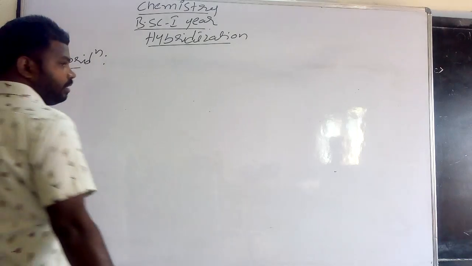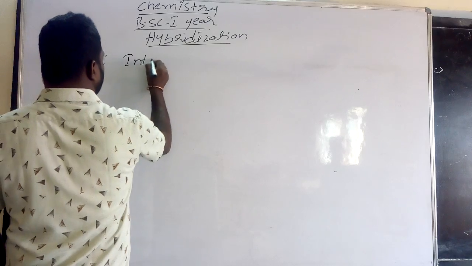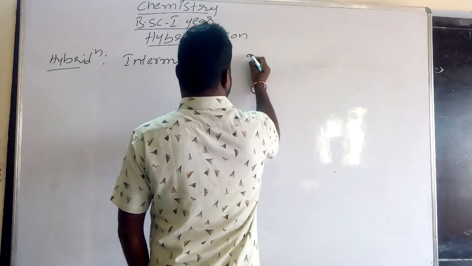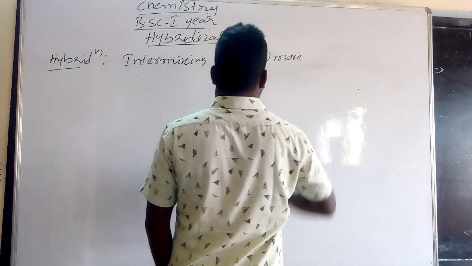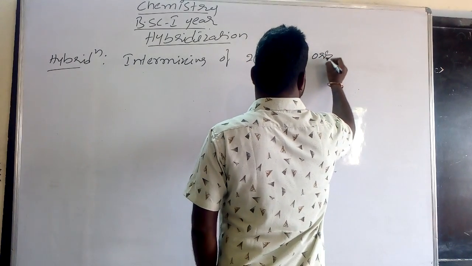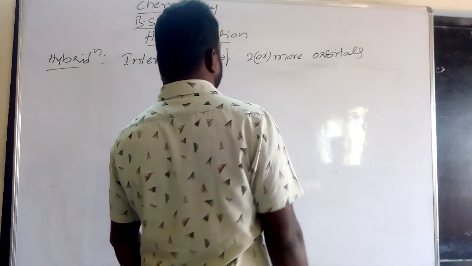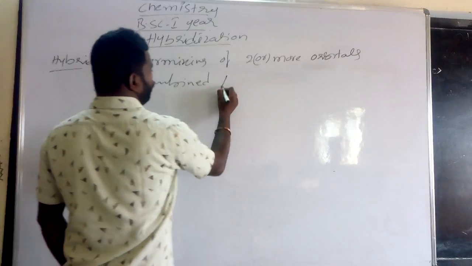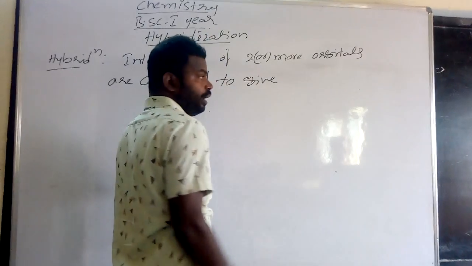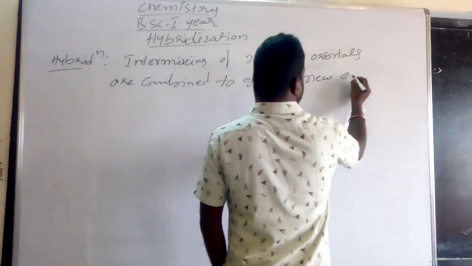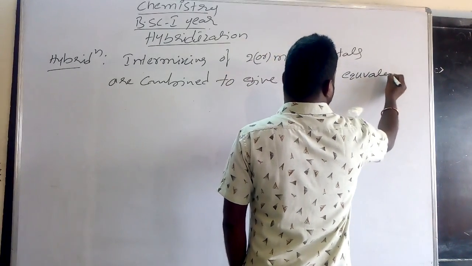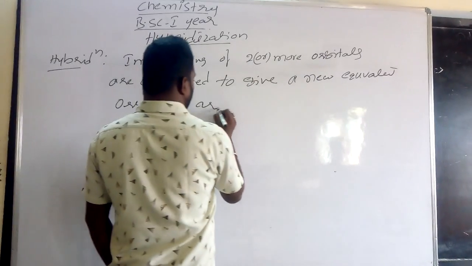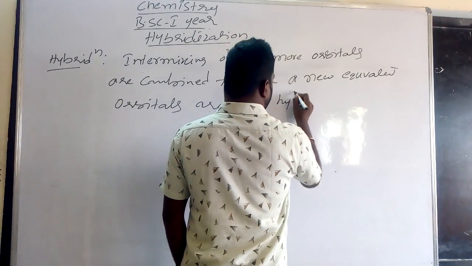What is hybridization? Intermixing of two or more orbitals are combined to give new equivalent orbitals, which are called hybrid orbitals.